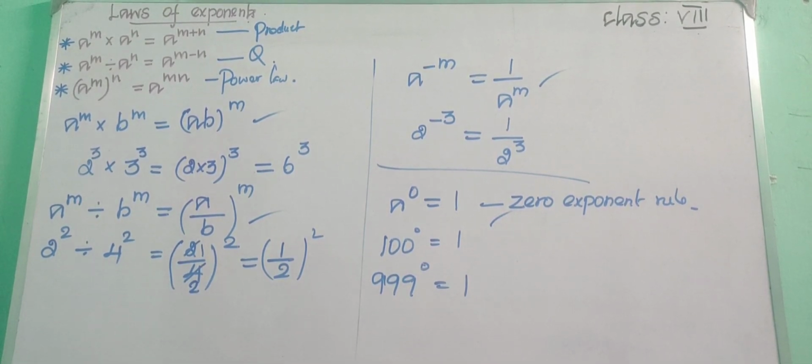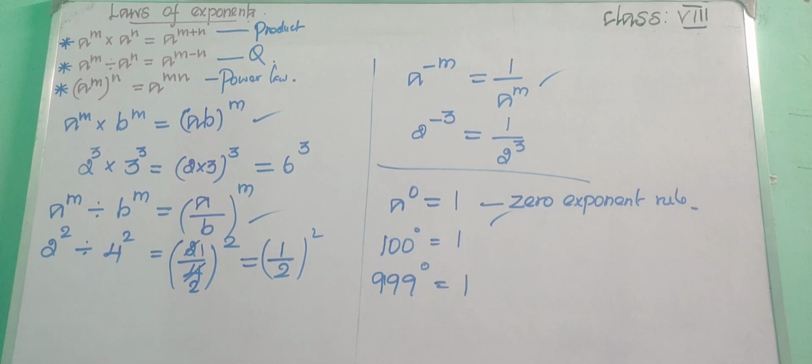If there is a negative power, a power minus m equal to 1 by a power m. And what is the zero exponent rule? a power 0 equal to 1. Simply, anything power 0 equals 1. That is called the zero exponent rule.